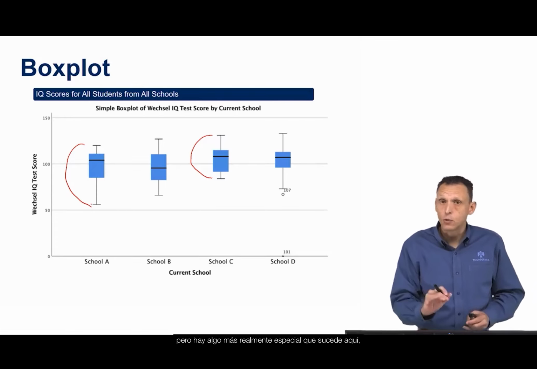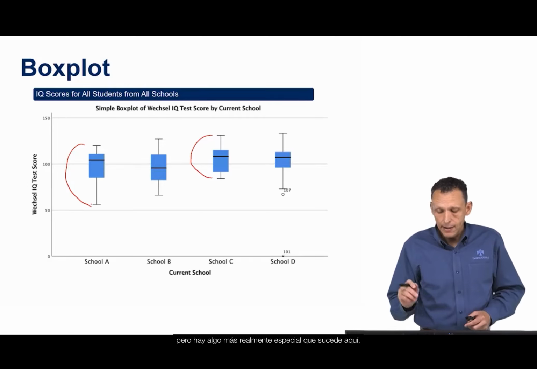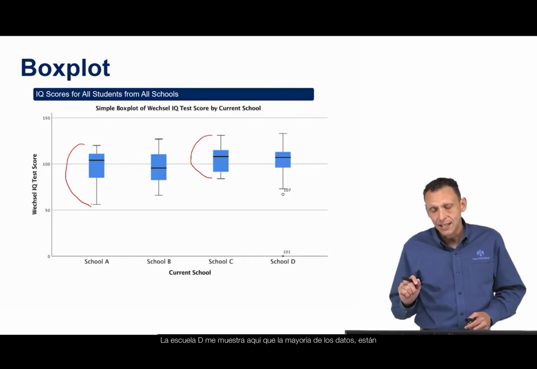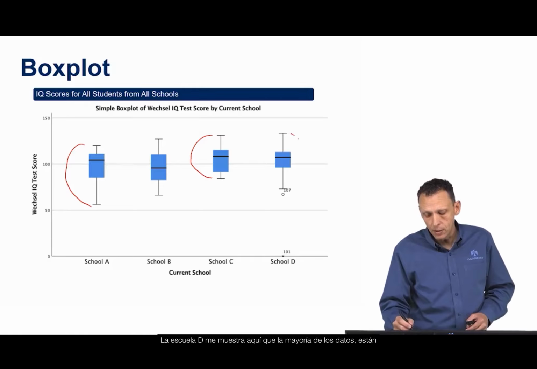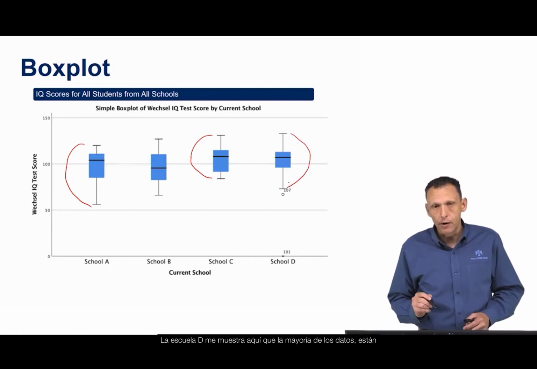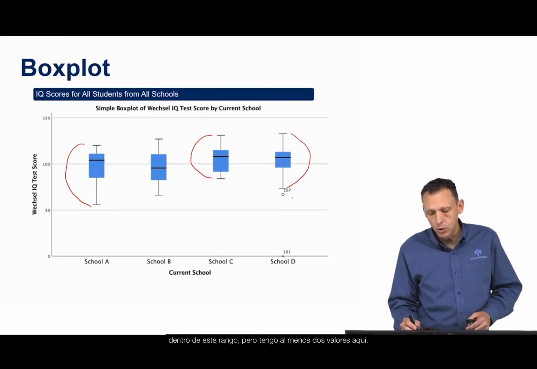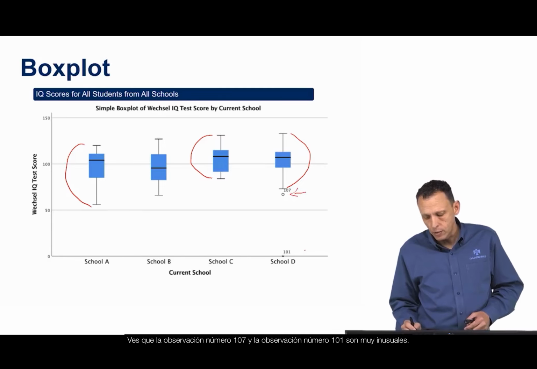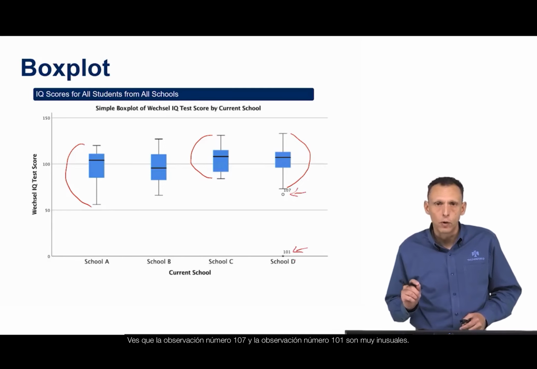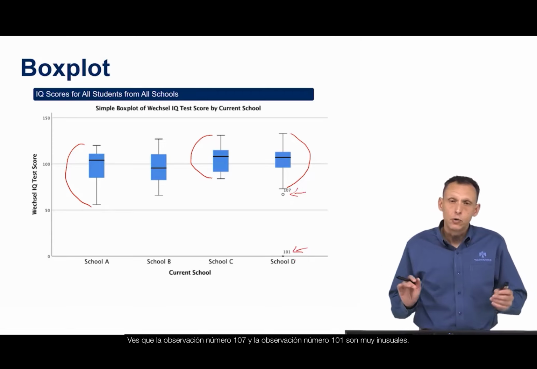But there's something else really special going on here, and that happens to be with school D. School D is showing me here that most of the data are falling in this range, but I have at least two values here. Do you see that observation number 107 and observation number 101 are very unusual.